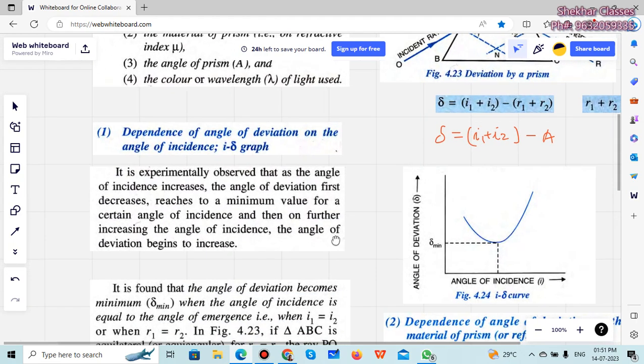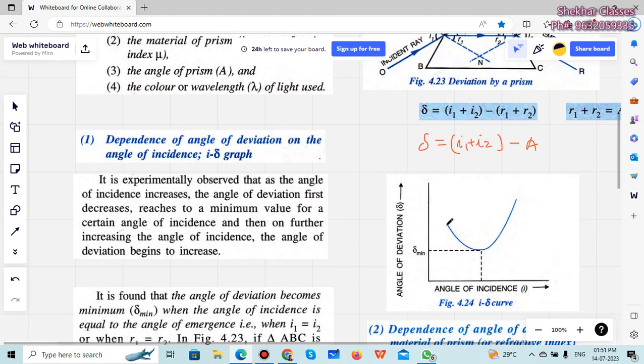You can see in the figure here, it decreases, right? And reaches a minimum value, which we call delta minimum, at a certain angle of incidence. Then if you further increase the angle of incidence, the angle of deviation will increase. On further increasing the angle of incidence, the angle of deviation begins to increase from here.